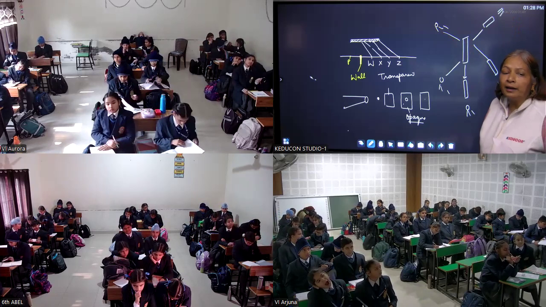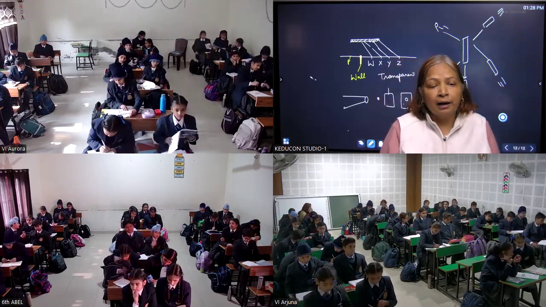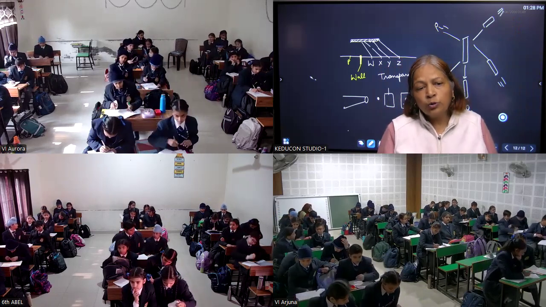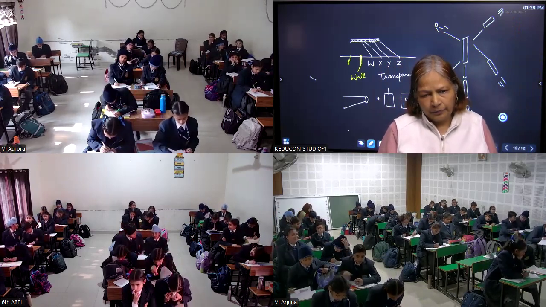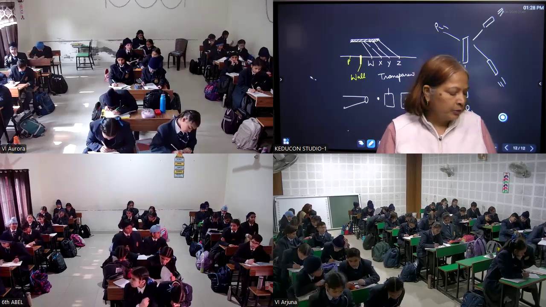So when there are, लिख लो, multiple shadows are formed when there are multiple sources of light.